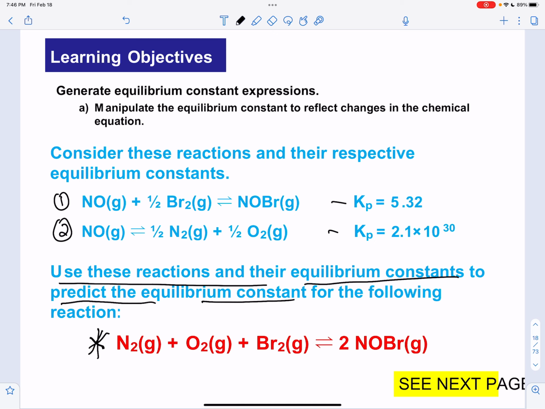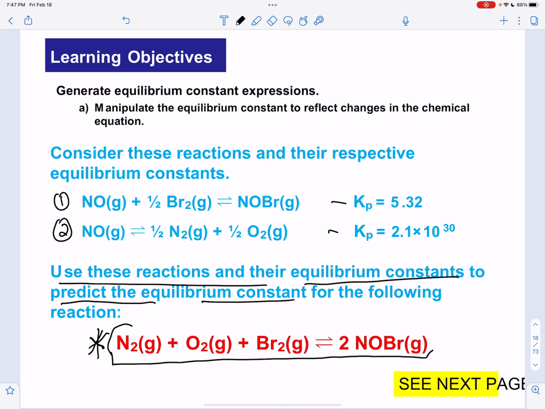What we're basically doing is combining those two reactions, manipulating and combining them so that we can come up with that. We did something similar in 1411 when we used Hess's law to calculate the enthalpy of a reaction by combining several reactions.